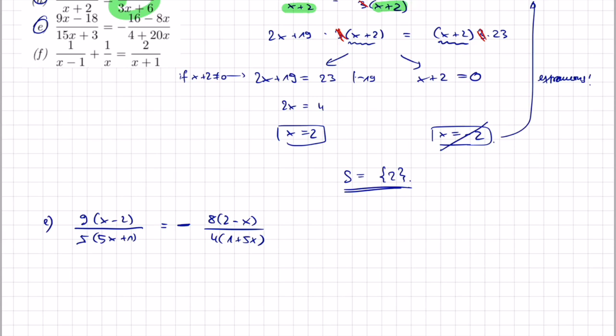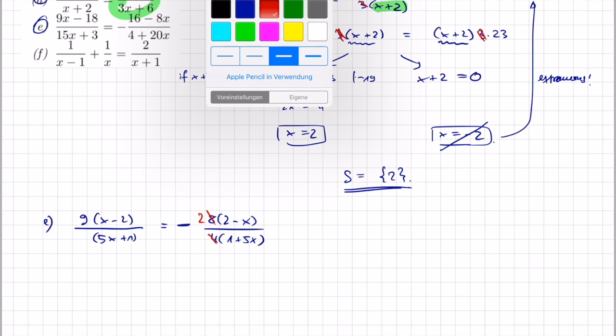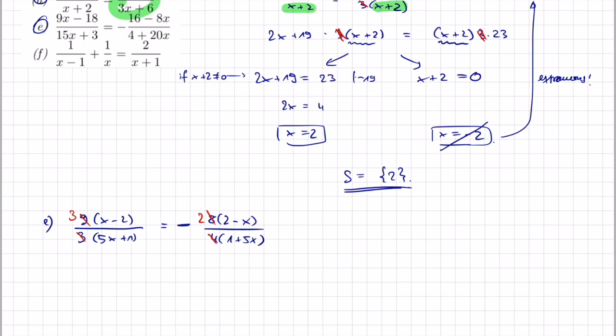Also, wait, let's reduce first. Actually, we can only reduce on the left-hand side. Ah, yes, we can reduce on the right-hand side, on the left, on this side. That is a 3. Sorry. And just before we go any further, take a look at this 2 minus x.